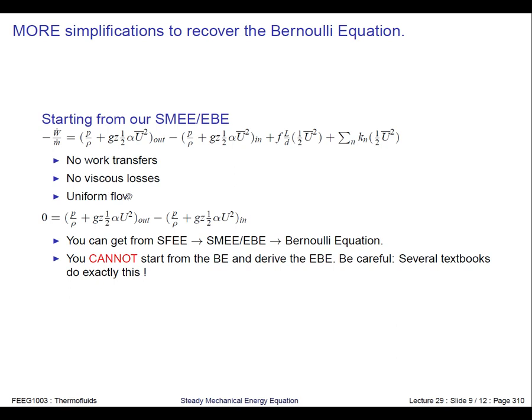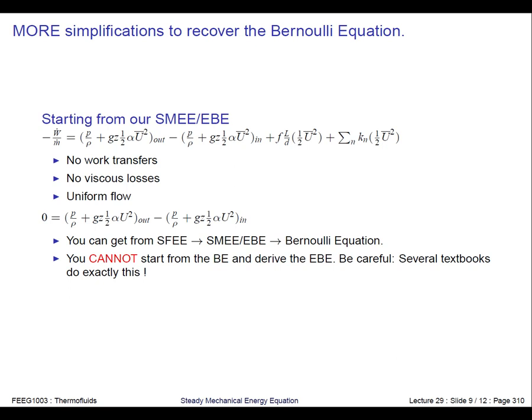Then if there are no viscous losses, these two terms disappear, because f and K are always 0. And then if it's a uniform flow, these alphas go to 1. We then recover this equation, which is the Bernoulli equation.